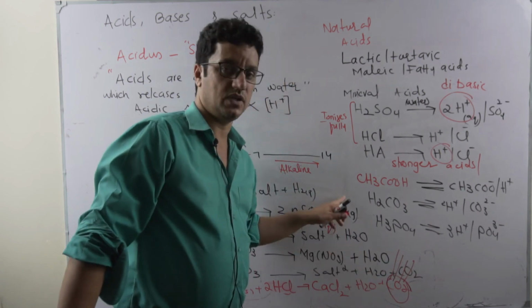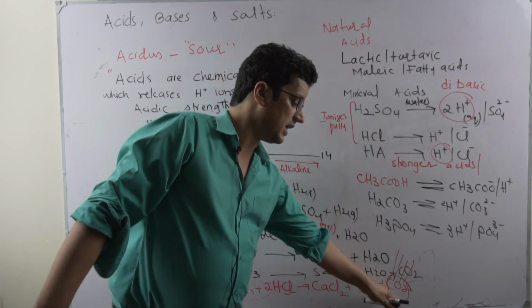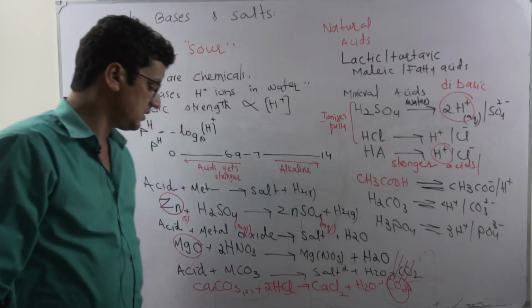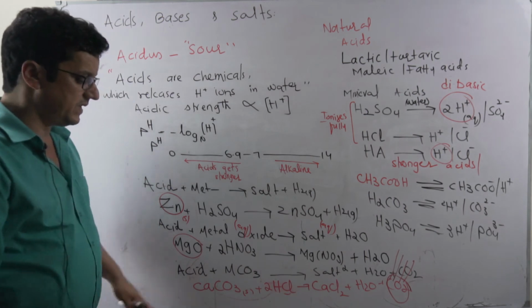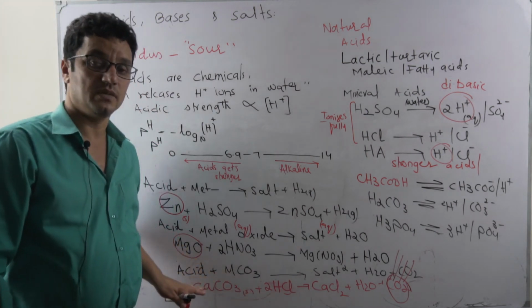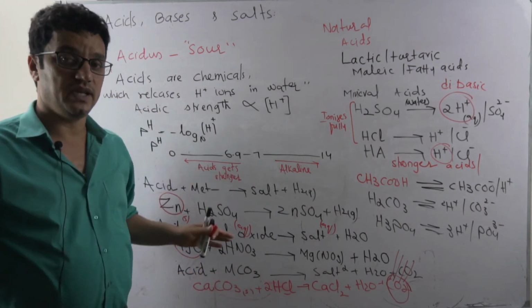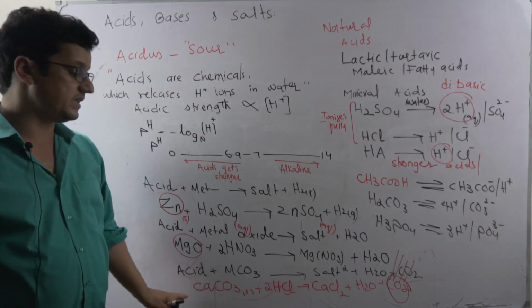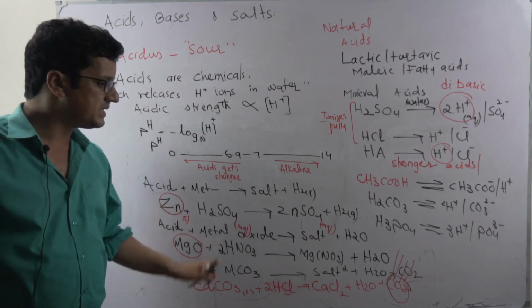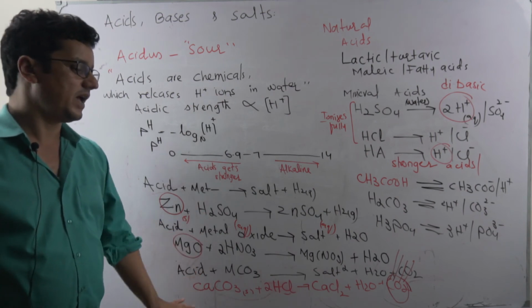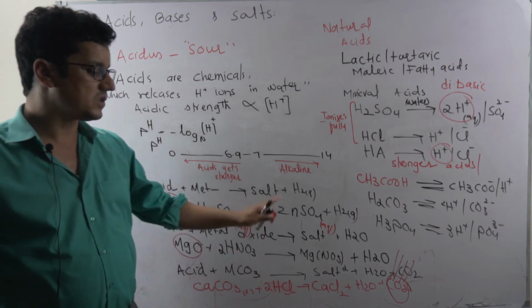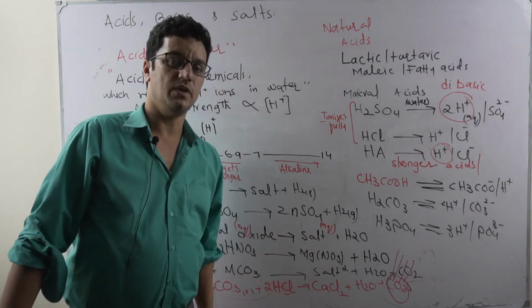Hydrogen gas also oozes out, but it's not as effervescent as carbon dioxide. So that's a test for the presence of any carbonate, or it can be a test for an acid. You pour a carbonate into some liquid and it fizzes out. It means there is actually acidic character there, and that's an acid. So these are some basic reactions of acids with metals, metal oxides and metal carbonates. They all produce a salt, but the difference is in the other product.